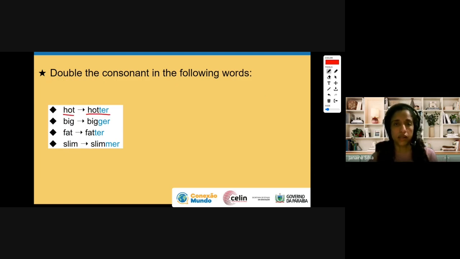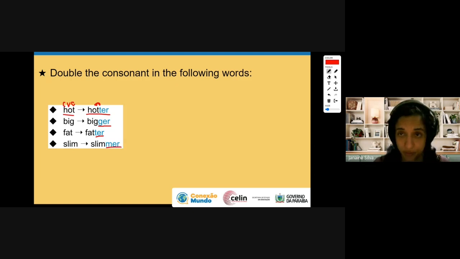And why does this happen? Students, it happens because we have an adjective that has this ending, consonant, vowel, consonant. So when this happens, I need to double its last letter, its last consonant. So big becomes bigger, fat, fatter, slim is slimmer.